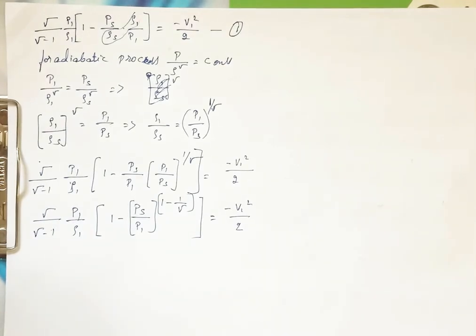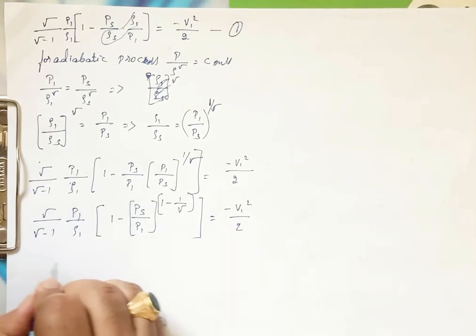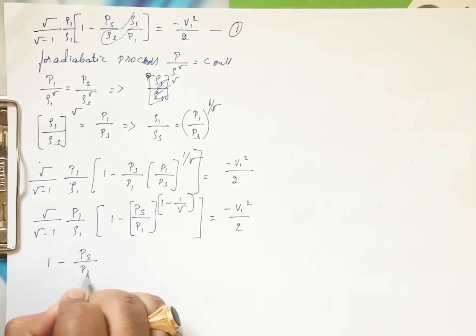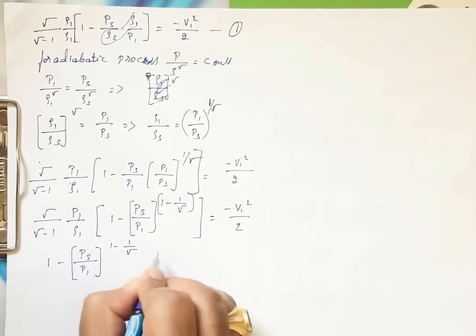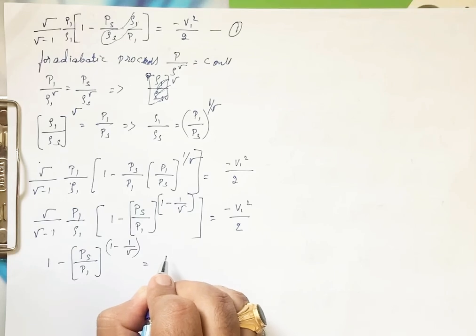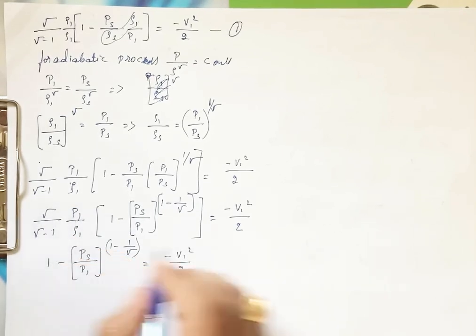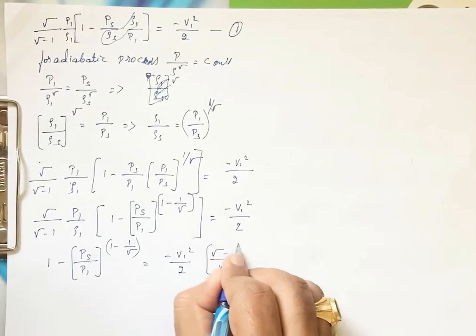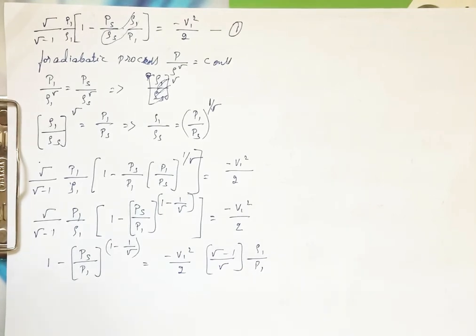Right. Now we'll take these terms to the opposite side. So I'll get 1 minus Ps divided by P1 raised to 1 minus 1 divided by gamma is equal to minus V1 square by 2. This term becomes gamma minus 1 divided by gamma into rho 1 by P1 here.